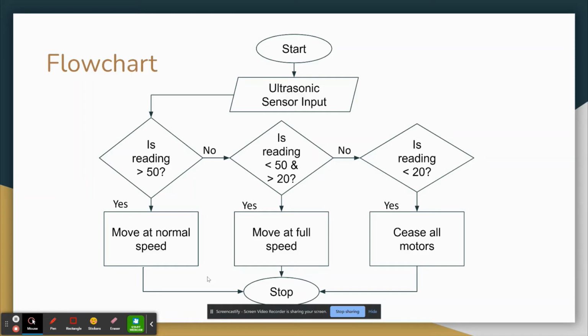If the reading is less than 50 and greater than 20, it would get the hand input or movement input from the ultrasonic sensor and allow the motors to move at full speed. And if the reading is less than 20, it would cease all motors and eventually stop.